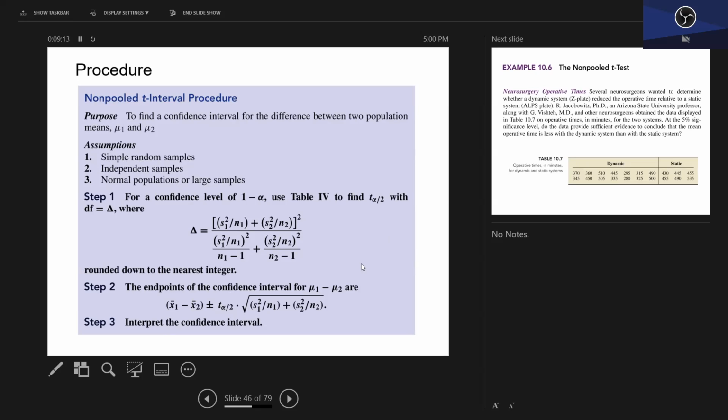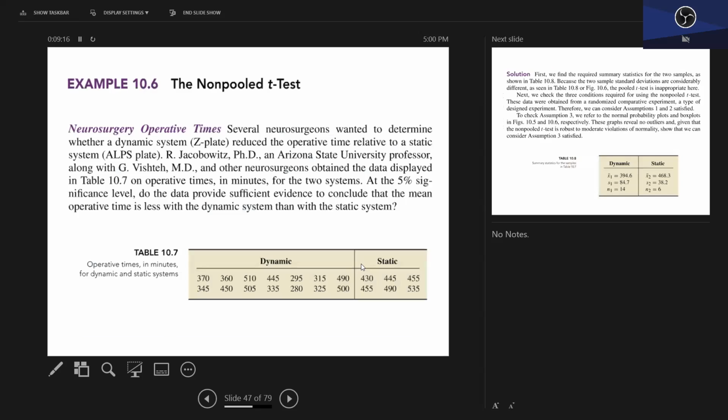Okay, then we will use an example to finish the material. So now we're trying to perform a non-pooled t-test about operative times with two different systems. Scholars from Arizona State University, professors, obtained the data displayed in the table.